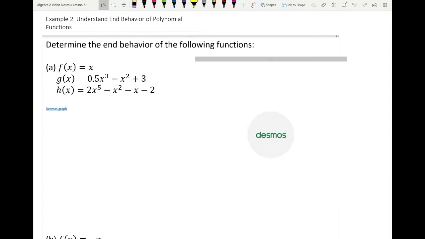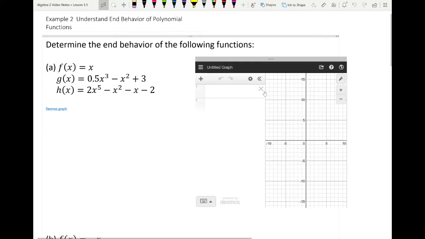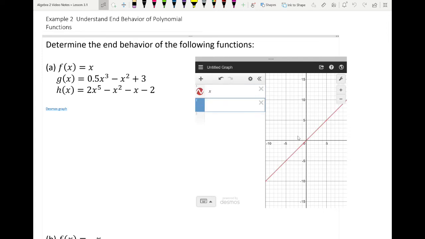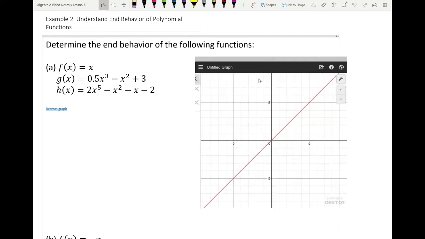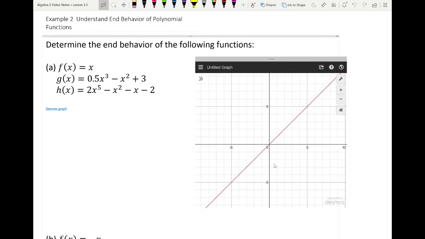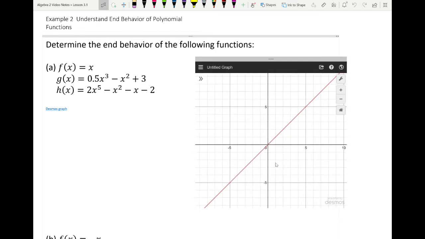All right, so what we want to do is graph these three functions on Desmos. Go ahead and type it in, y is equal to x. So let's look at y equals x first. So that's the equation, y equals x.